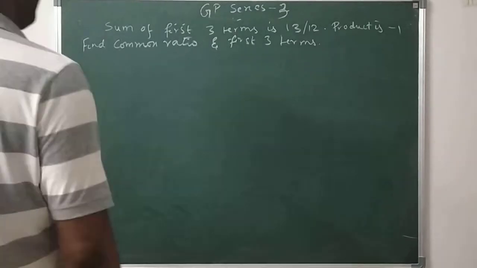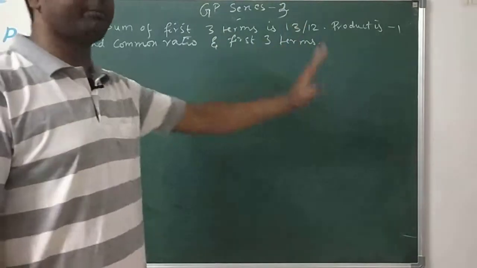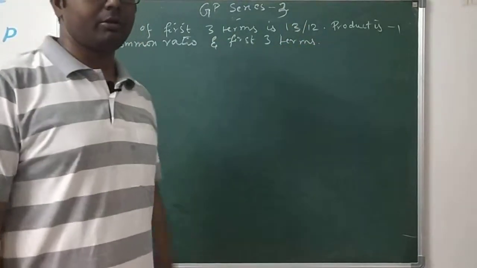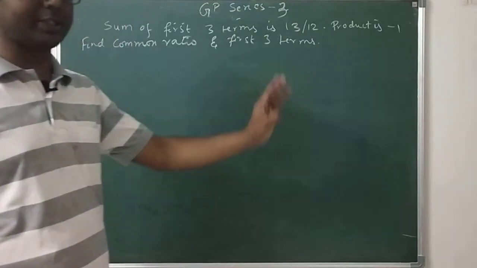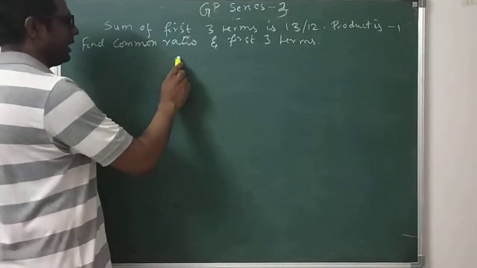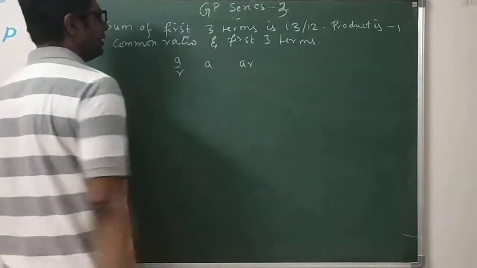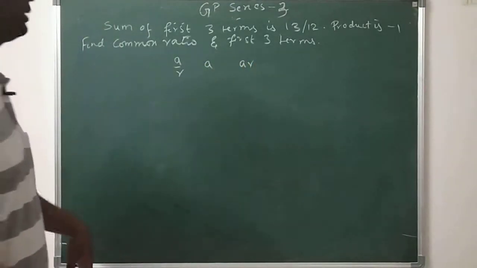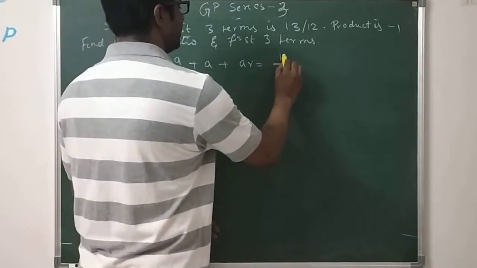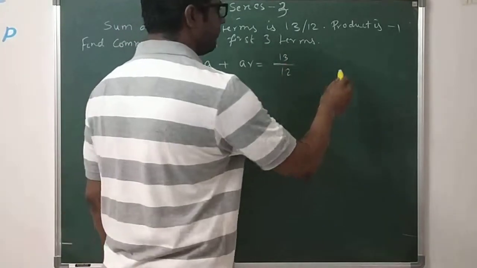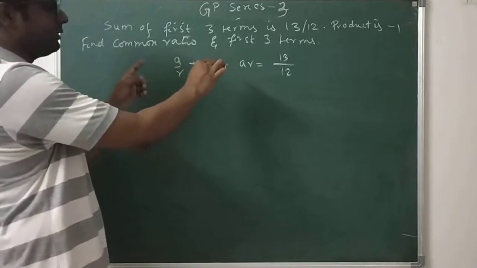This is our next problem on summation. Here it is said the sum of first three terms is 13 by 12 and the product is -1. Whenever such a problem is given in GP, when there are three terms and the product is given, please consider the terms as A by R, A and AR. So the summation of these three terms is given as 13 by 12, and the product of these three: R and R will cancel out, all the A's will get multiplied.